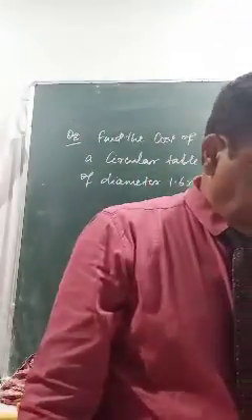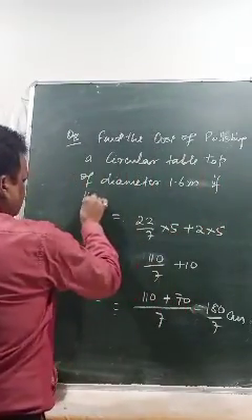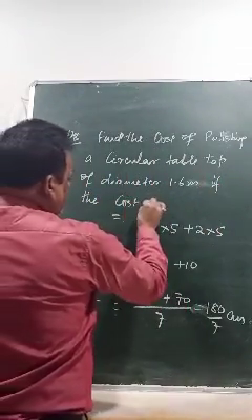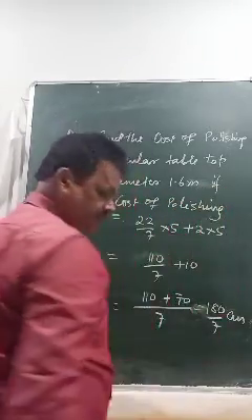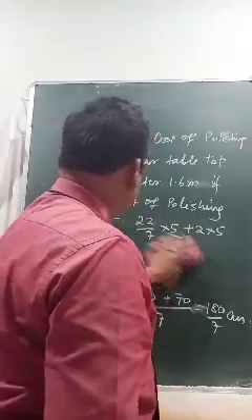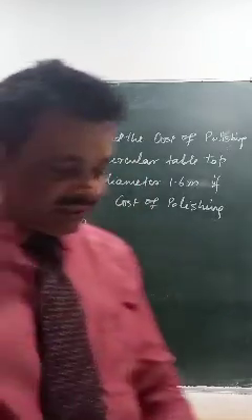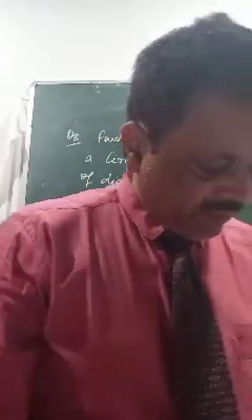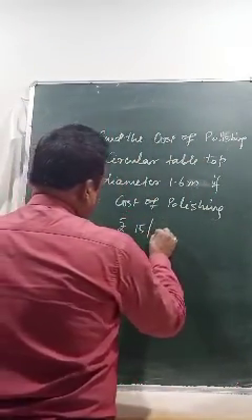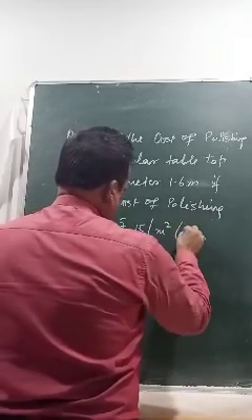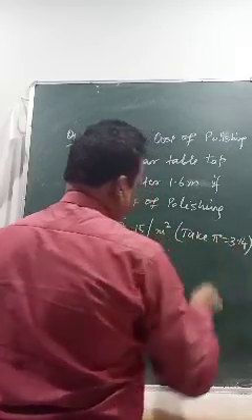Then if the cost of polishing is 15 rupees per meter square. Here they told us to take pi as 3.14.